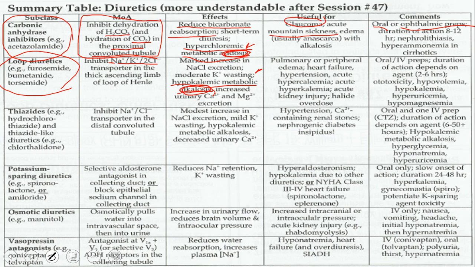Maybe remember one of the ions this affects is potassium, and maybe that'll help you remember that the K in alkalosis is what happens there. Whereas this one, acidosis, think carbonic anhydrase works with CO2, and we know CO2 is acidic, so maybe that'll help you remember that that's with acidosis.